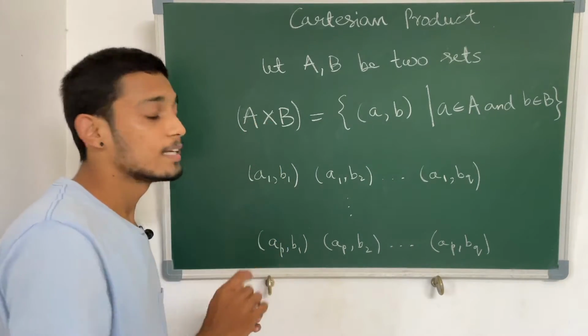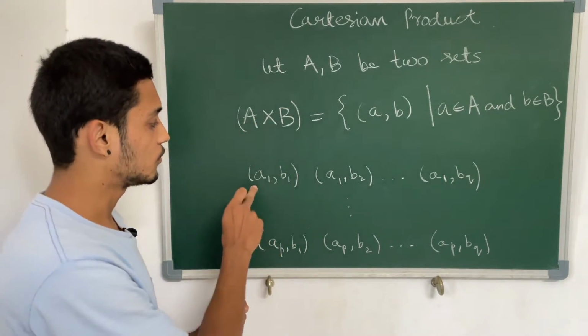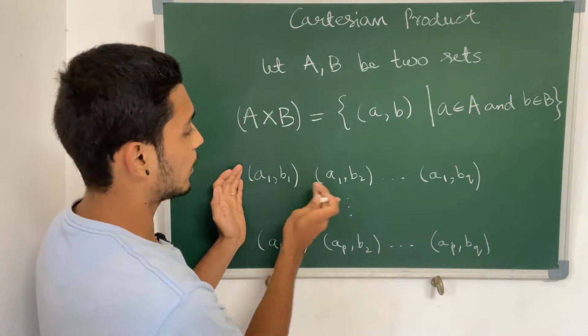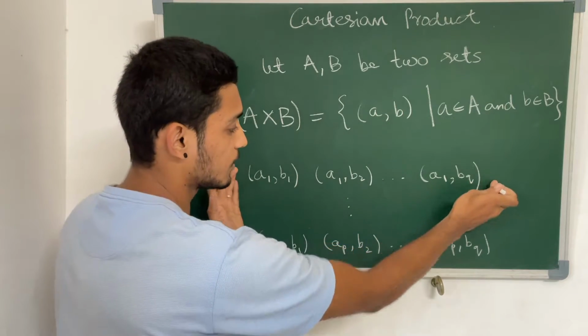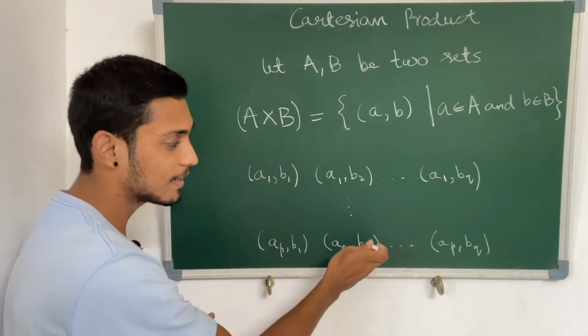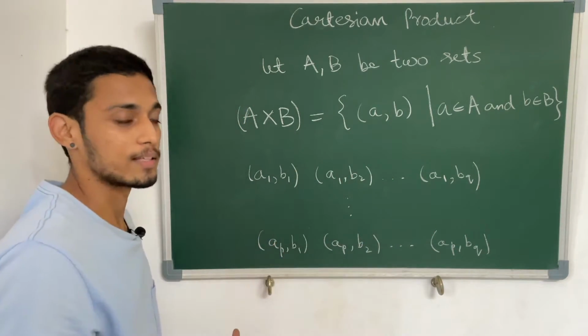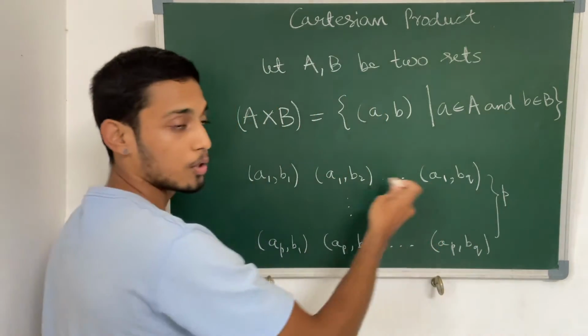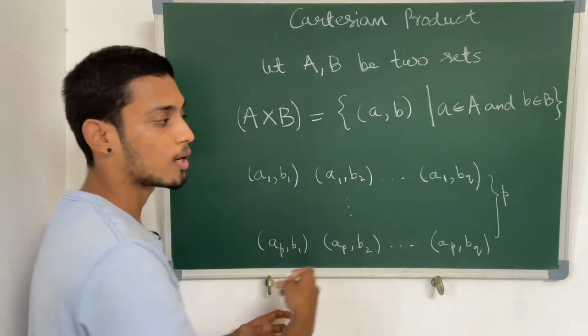So if the set A has P elements, we see that this particular grouping has Q elements, and similarly there are P number of such groupings. So here there are totally P rows and Q columns.